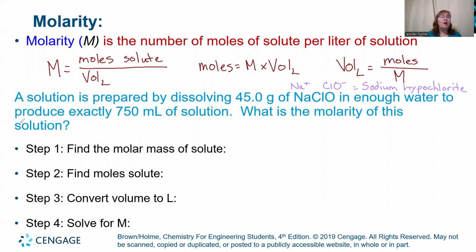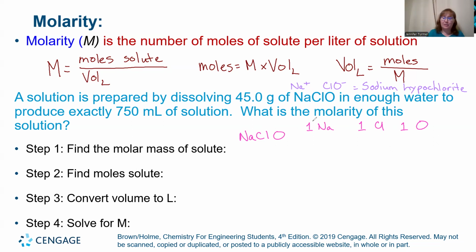All right. So first of all, it says to find the molar mass of the solute. If we have NaClO, that means that we have one sodium and one chlorine and one oxygen.